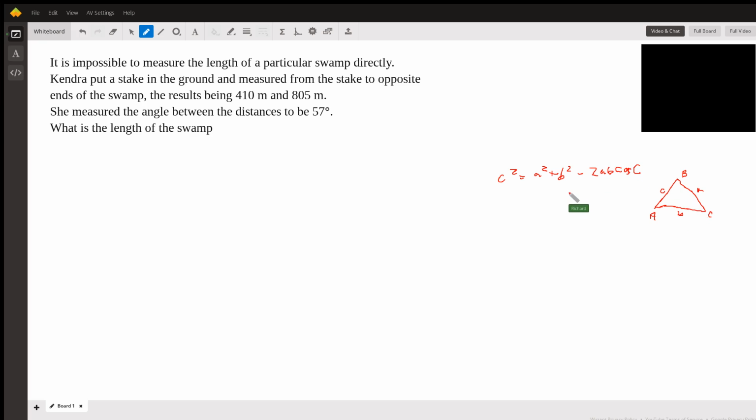The law of cosines is used for side angle side or side side side. So the first thing we have to do is look at the diagram and decide, do we have a law of cosines situation? You'll see in a minute that we do.